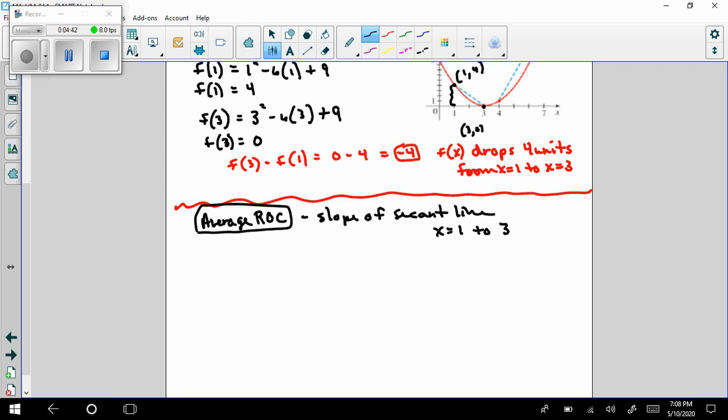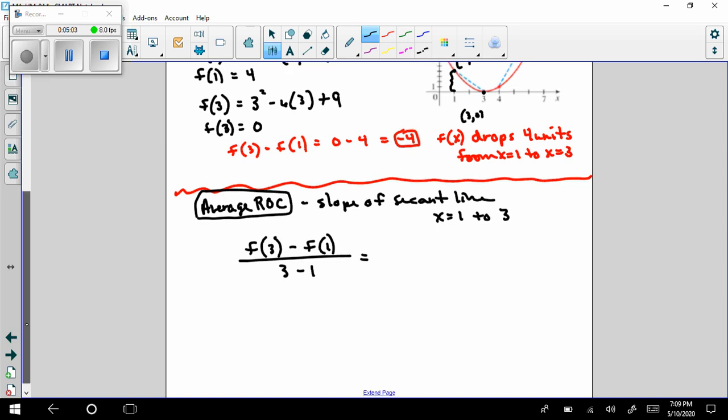So I think it was maybe on the second test. So the average rate of change, the slope of that line is negative. So we need to make sure that we're going to get a negative slope out of this. So we're going to do f of 3 minus f of 1 all over 3 minus 1. So even if I did it the other way around, f of 1 minus f of 3 over 1 minus 3, I'm still going to get a negative value if you remember how slope works.